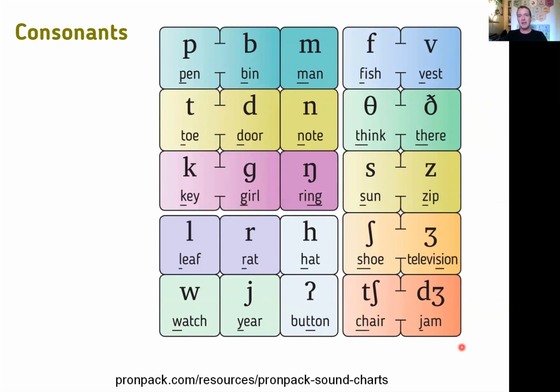However, the problem, especially with Spanish speakers learning English, is that in Spanish, the consonants are very different often if they're at the beginning of the word or at the end of a word.